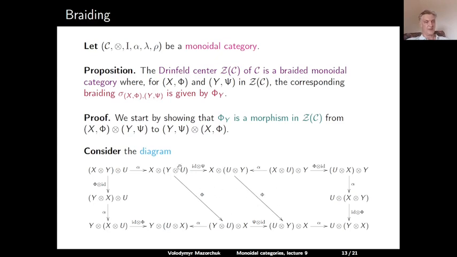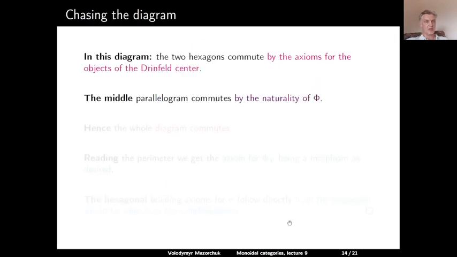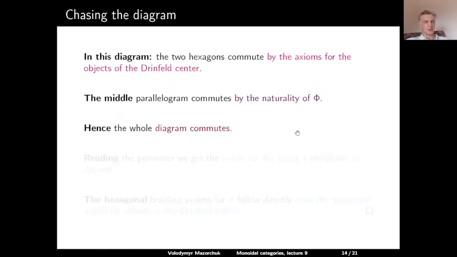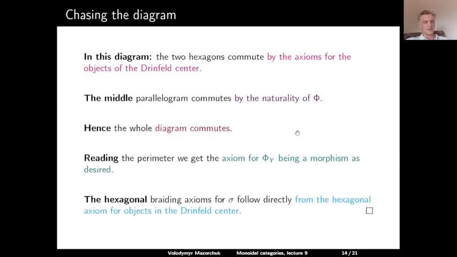So we have φ here, identity tensor ψ and ψ tensor identity. So the middle parallelogram commutes by the naturality of φ, hence the whole diagram commutes. And again, reading the perimeter of this diagram gives us exactly the claim that φ evaluated at y is a morphism from this tensor product to this tensor product, which was necessary.